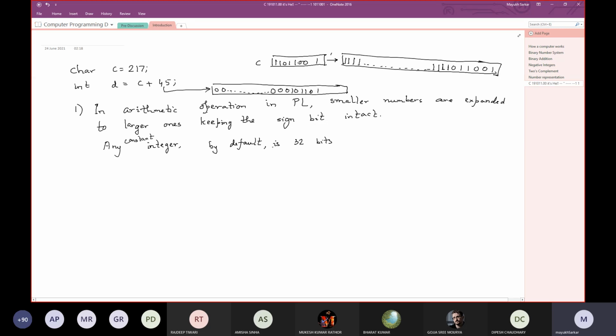Now when we are adding this up, 1111 all 1s, then 11011001, that was for this C, and 0000 0010 1101, that was for 45.